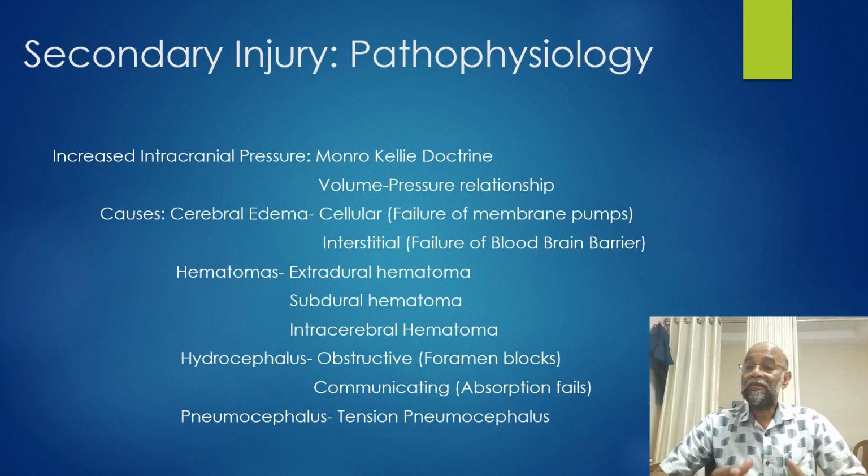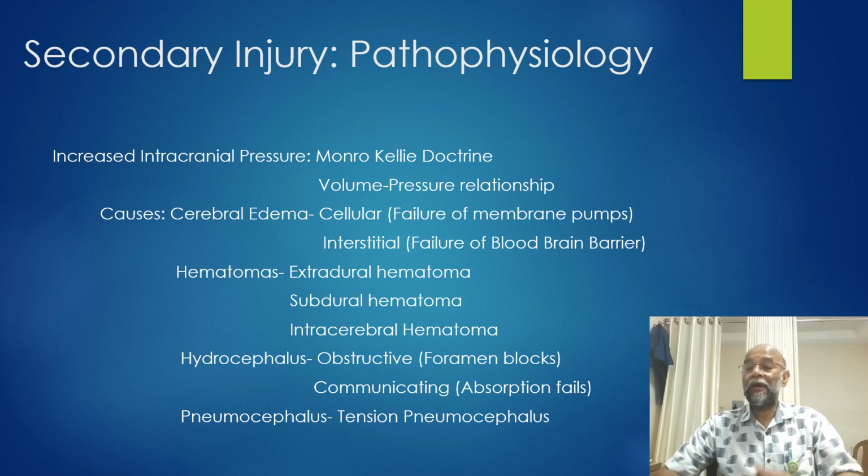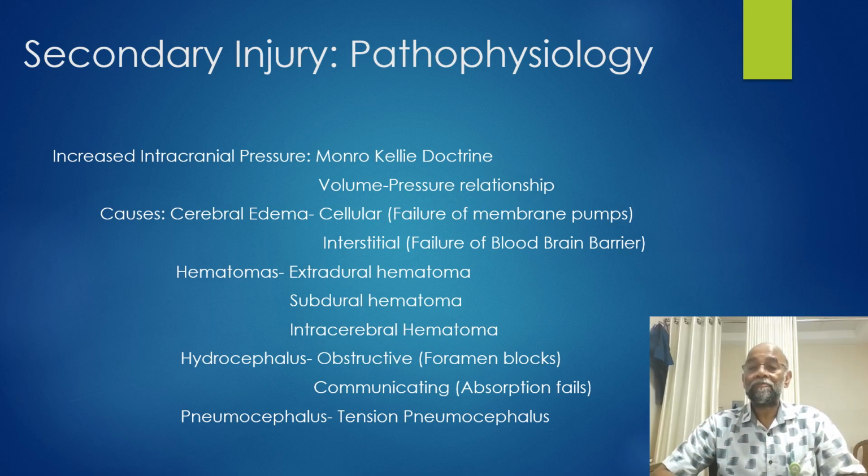The Monro-Kellie doctrine is that the skull is a fixed volume compartment, with brain occupying about 1,200 ml, more than that, 150 ml of CSF and 150 ml of flowing blood. So when the volume of contents inside the fixed cranial cavity increases, the pressure increases.